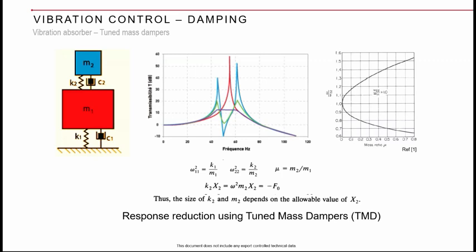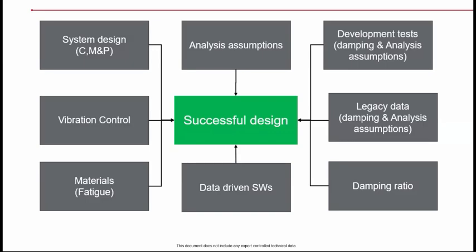With all that, I will conclude this presentation with a simple statement saying that successful design against vibration is possible when you deal with system design properly, that is configuration, method, and process. You have the right analysis assumptions which are getting fine-tuned with a lot of development tests, and the damping and analysis assumptions, like I said, are kept improved, and you have data-driven standard works.